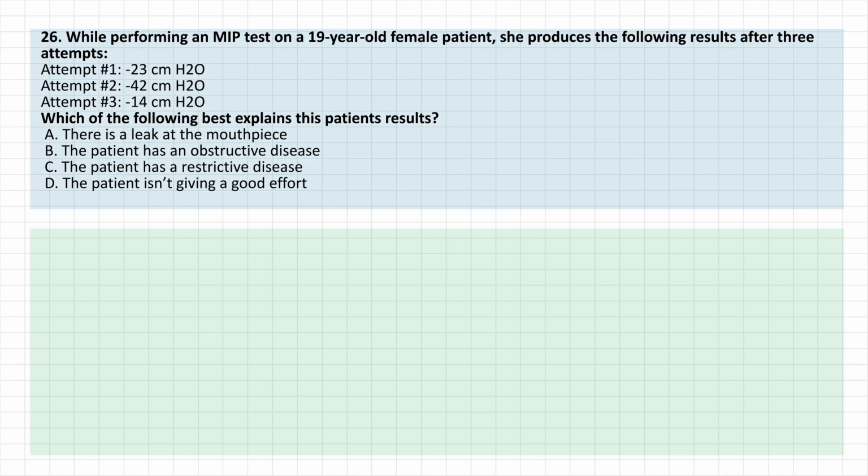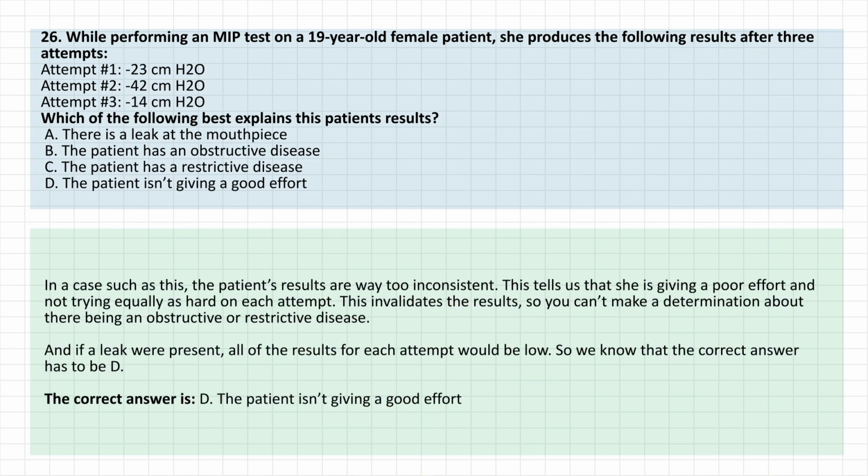Which of the following best explains this patient's results? A. There is a leak at the mouthpiece. B. The patient has an obstructive disease. C. The patient has a restrictive disease. D. The patient isn't giving a good effort. The correct answer is D. The patient isn't giving a good effort.